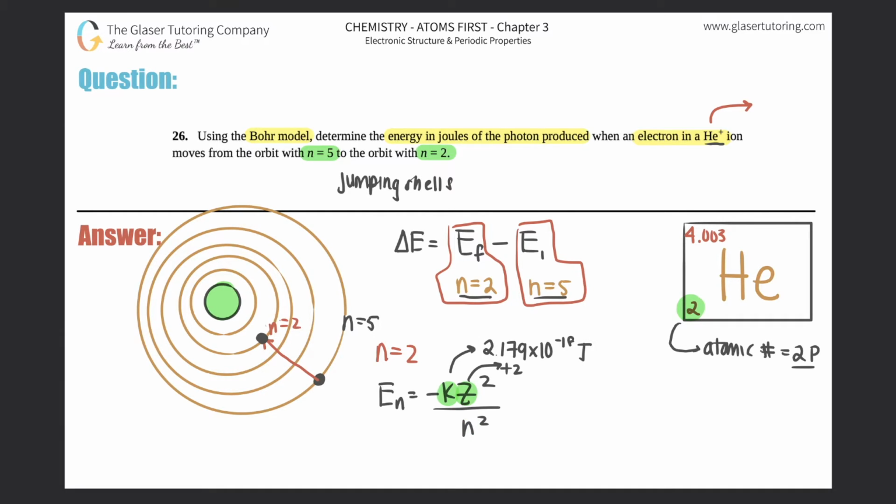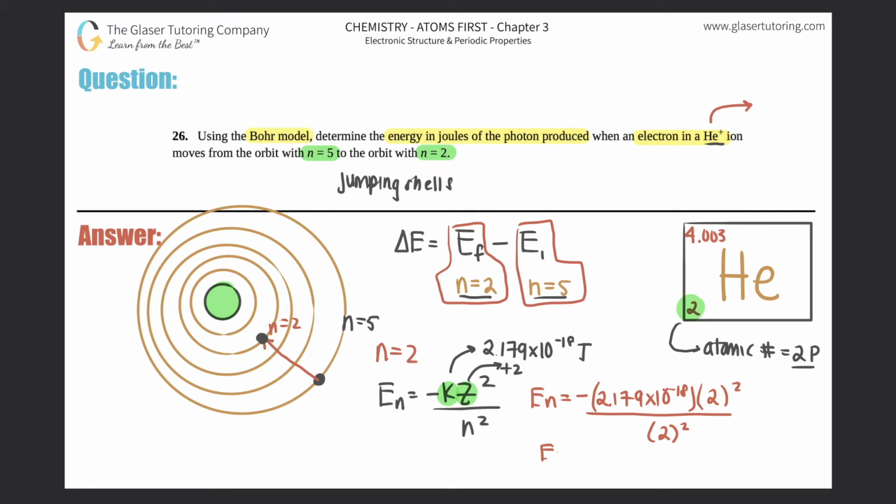So let's first figure it out for n equals 2. So if I just do En equals negative 2.179 times 10 to the negative 18th times the Z number, which was 2, squared all over n squared. In this case, we're doing n equals 2, so it would be 2 squared.